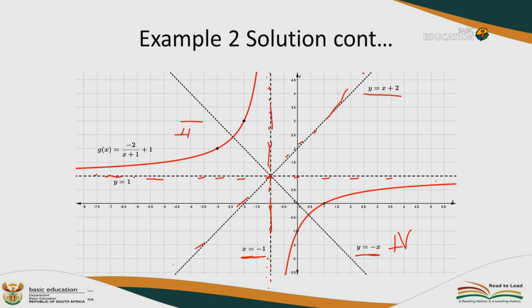I also did the same for our horizontal asymptote, which is that one, to say that the equation is y equal to 1. So you need to indicate all those things in your graph, except in cases where they've actually told you what you need to put in your graph. So it's very important that you consider the question as to what it is that they want you to show in your graph. All right.